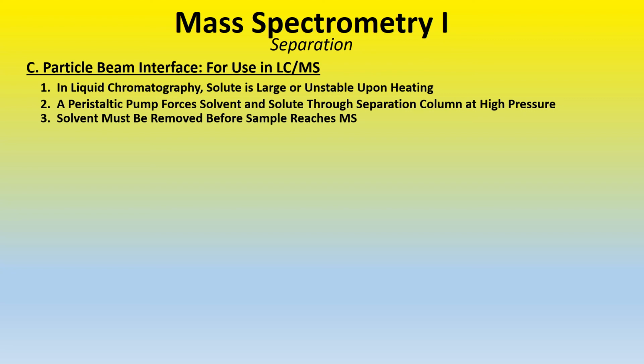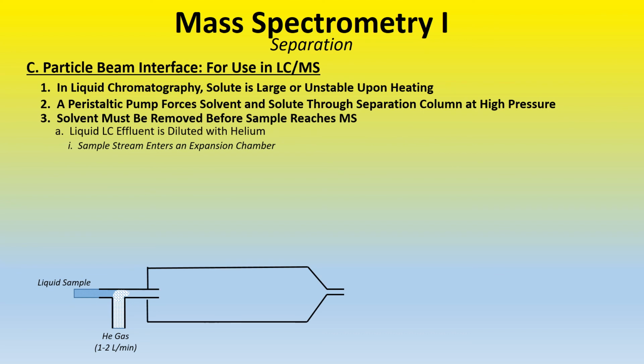So first of all, your liquid effluent from the LC is diluted with a large flow of helium, 1 to 2 liters per minute. This diluted sample stream now enters what's called an expansion chamber. As it enters the chamber through an orifice, the liquid effluent with the helium gas is now transformed into an aerosol.